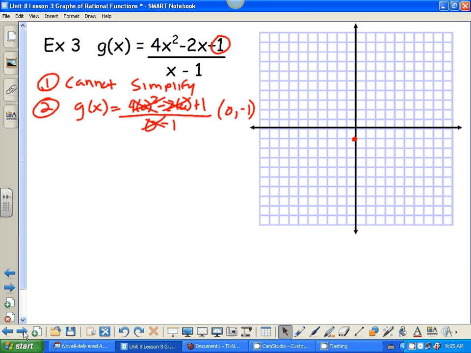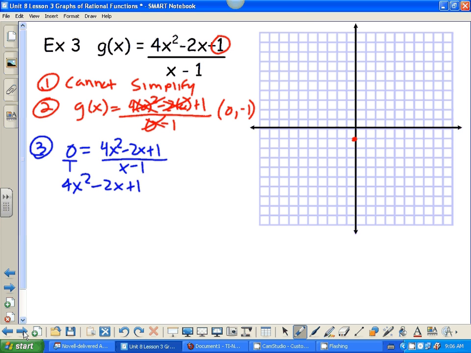Okay, let's find x-intercepts. So I have 0 over 1 is equal to 4x squared minus 2x plus 1 over x minus 1, so I have 4x squared minus 2x plus 1 equals 0. When I do the quadratic formula on this, I get x equals the opposite of negative 2, plus or minus the square root of negative 2 squared, which is 4, minus 4 times a, which is 4 times 1, all over 2 times 4.